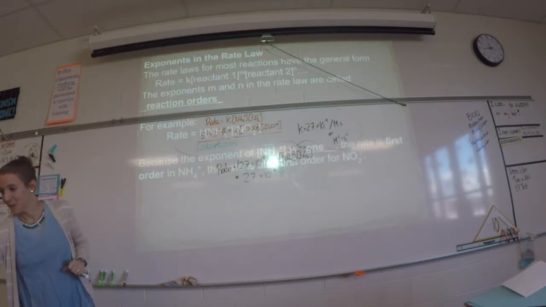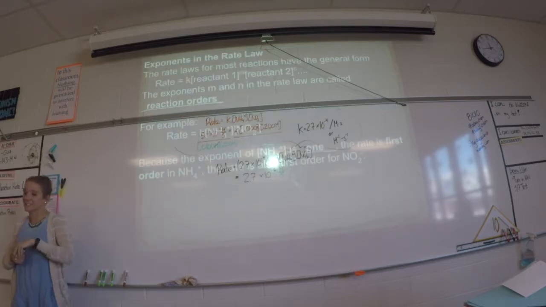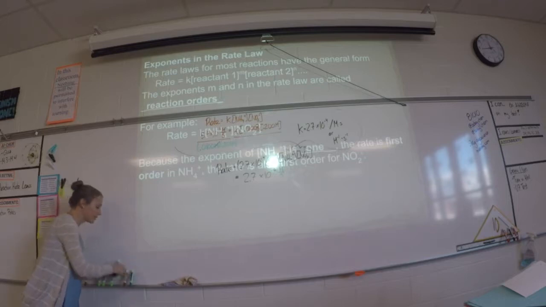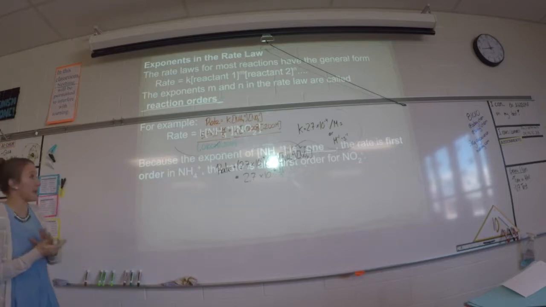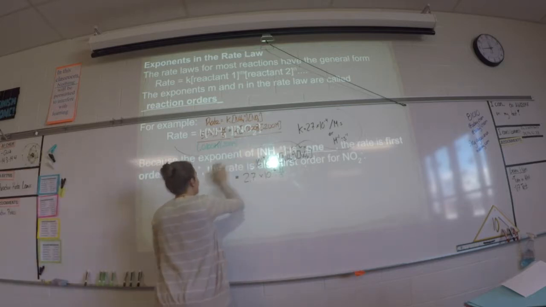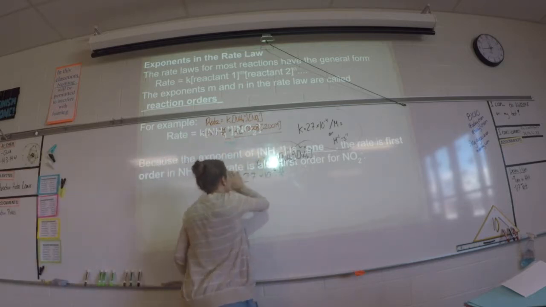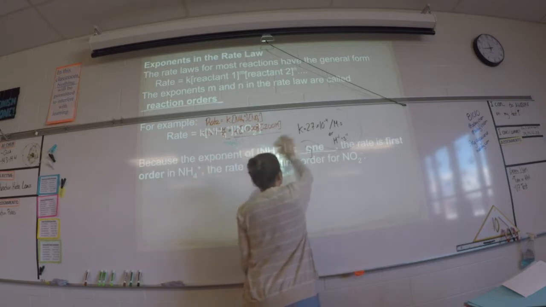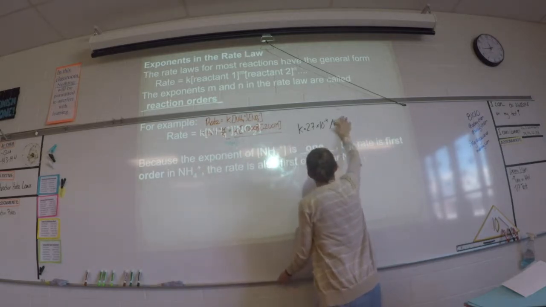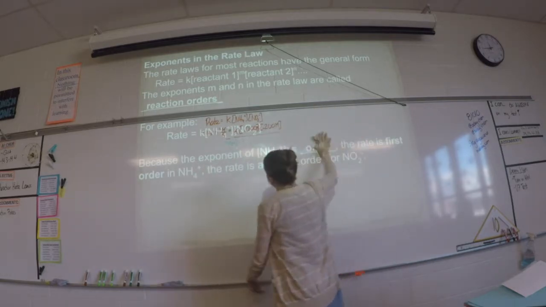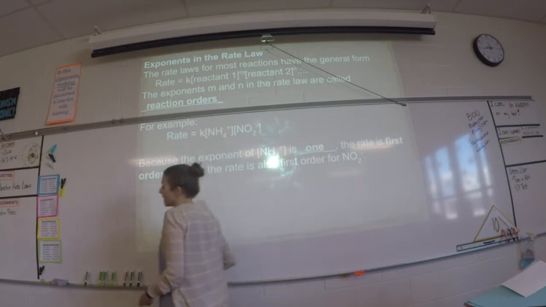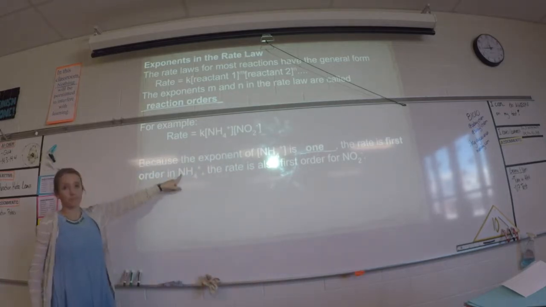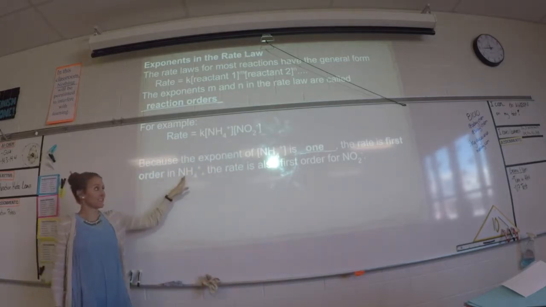Good point, Spencer. All right, so let's talk a little bit more about these exponents here. We call these things the reaction order. For example, in the one, let's get rid of this mess. The way we would classify this is because the exponent is a 1, we call this first order with respect to this.